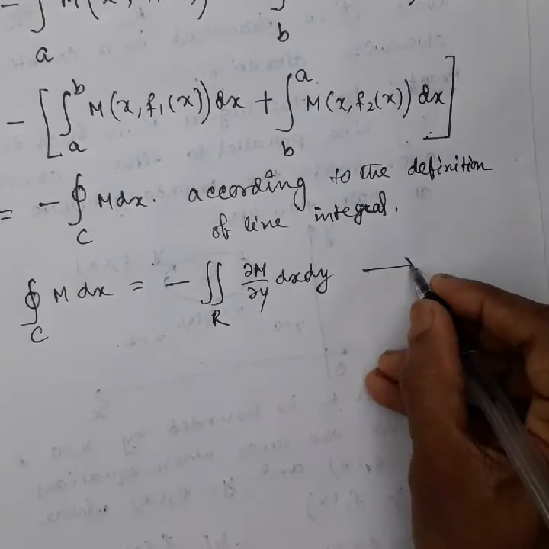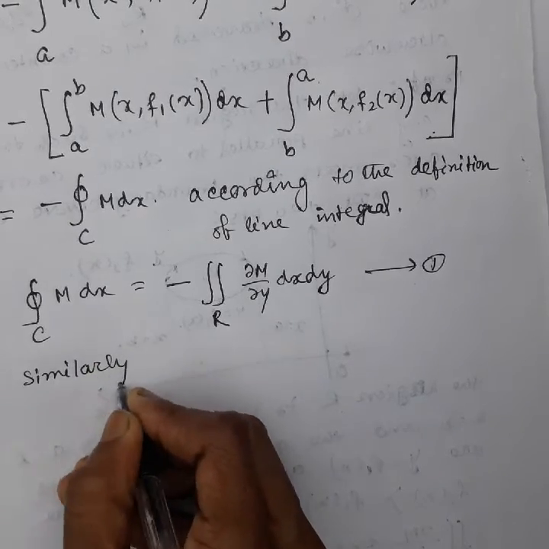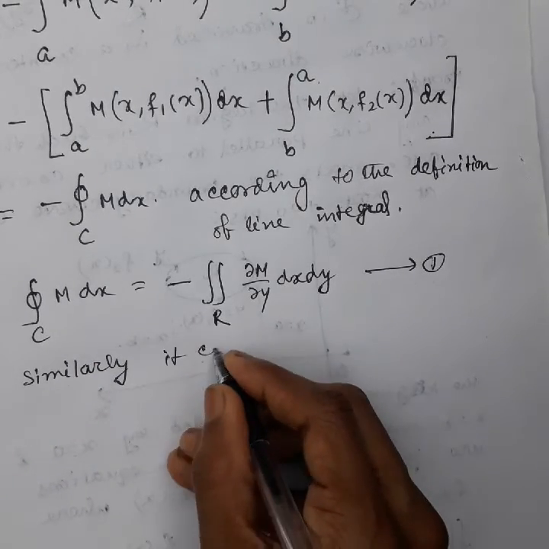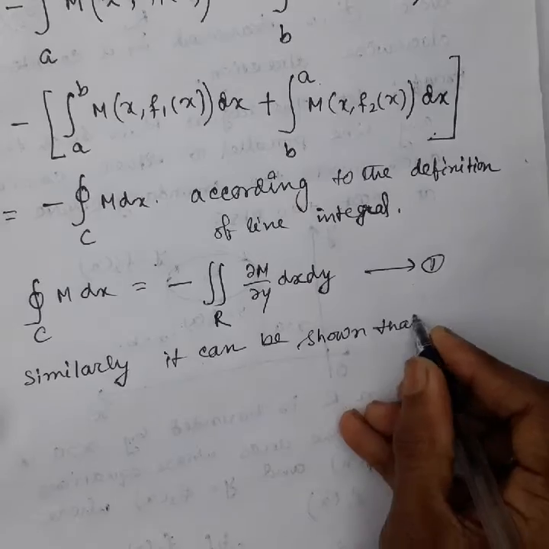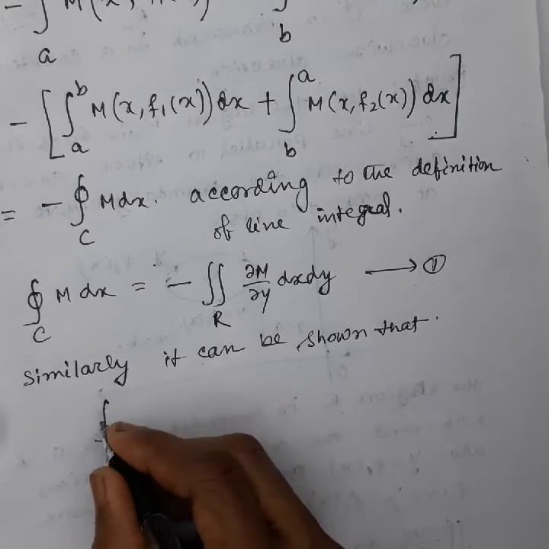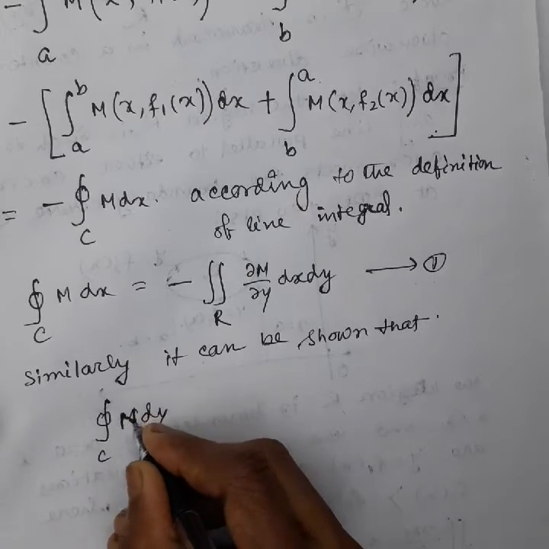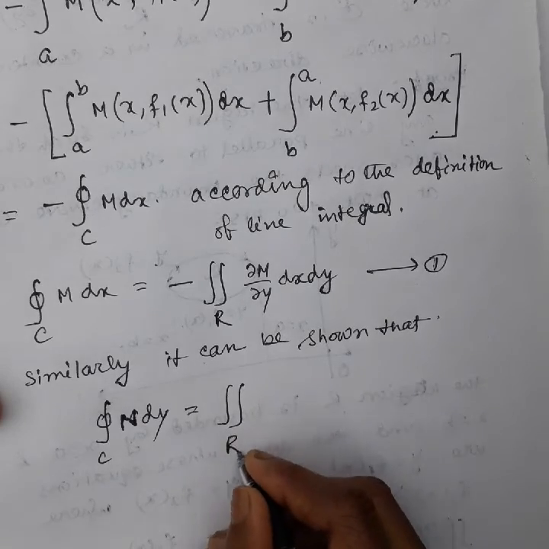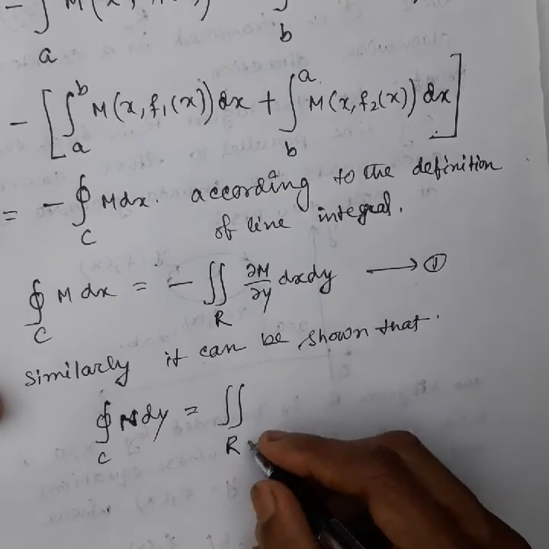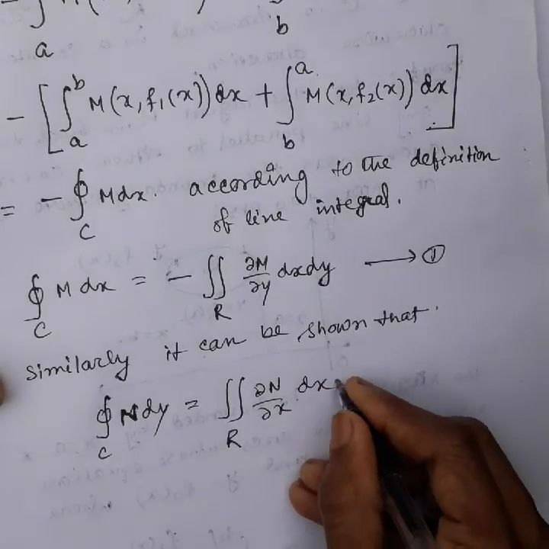Similarly, it can be shown that the integration along the contour C of N dy is equal to the double integration over the region R of del N del x dx dy.